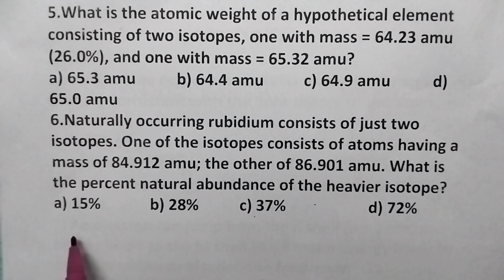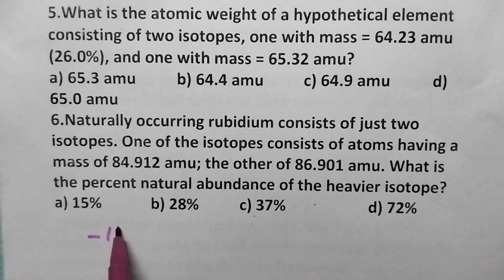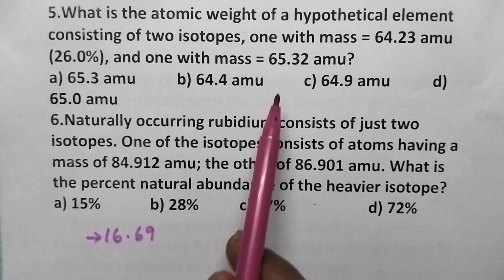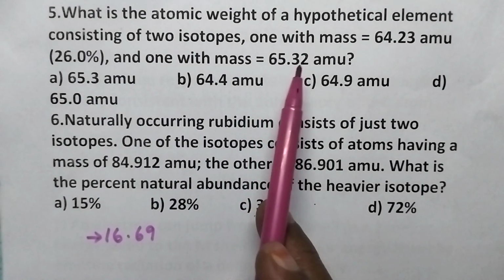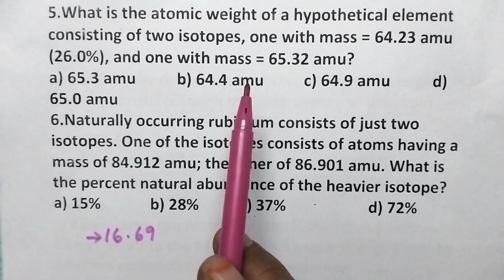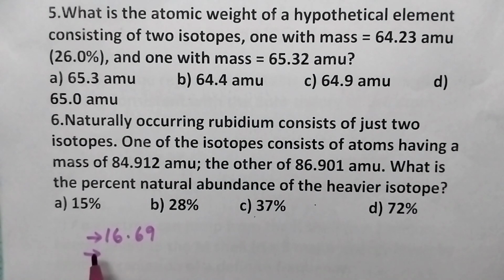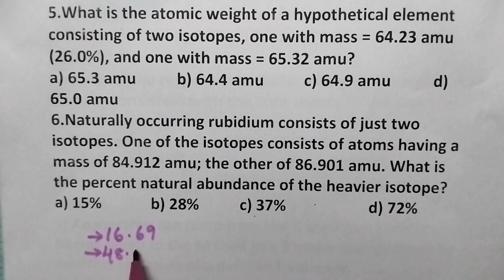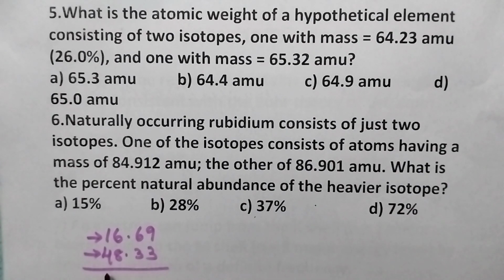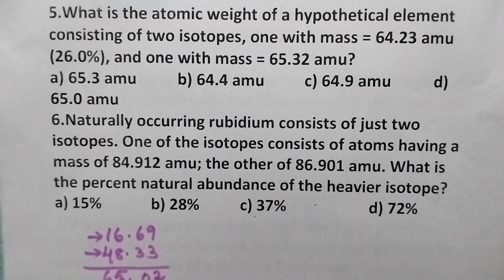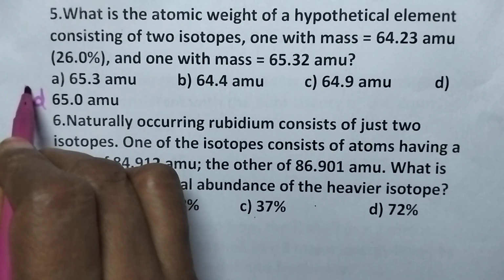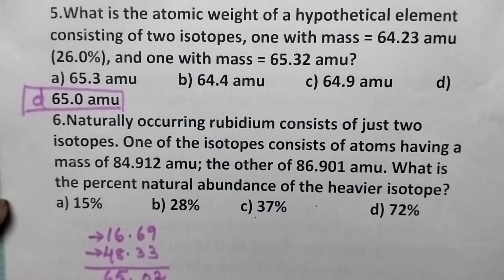That means its contribution towards the mass is 16.69, and that of 65.32 AMU, contribution is 74%. That means it becomes 48.33, and on the whole the atomic weight is 65.02. So here in this case, option D, that is 65 AMU, is the right option.